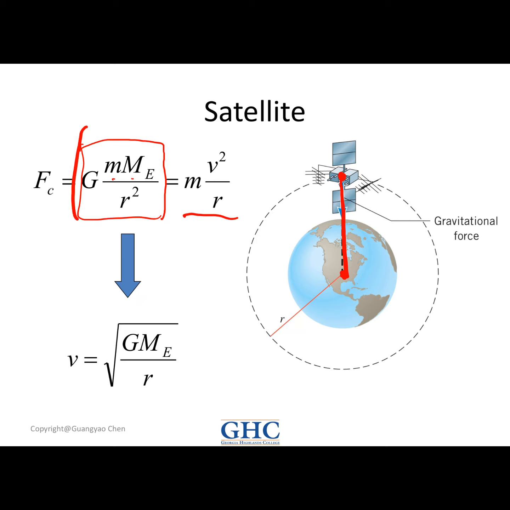That's basically our starting point for all the problems we have in this chapter. So you have a simple relation: if you want to send your satellite into orbit with radius r to the center of Earth, v is fixed because G is constant, and the mass of Earth is constant. So there is a one-to-one correspondence between the orbit and the velocity of the satellite.